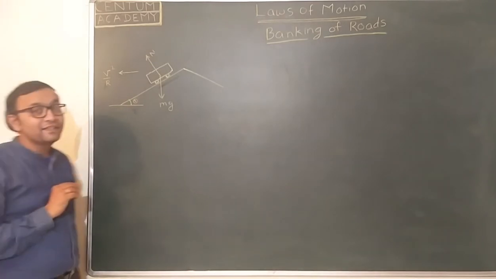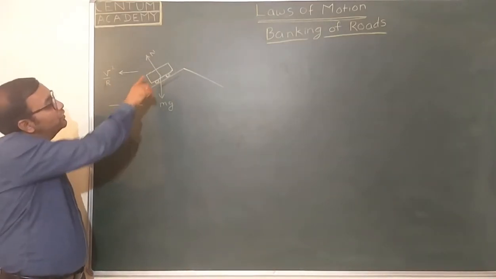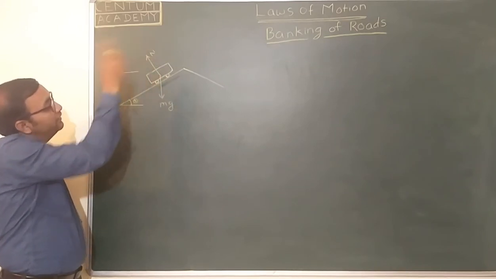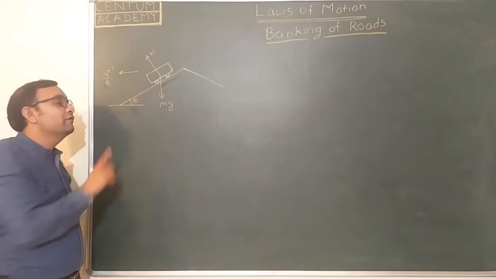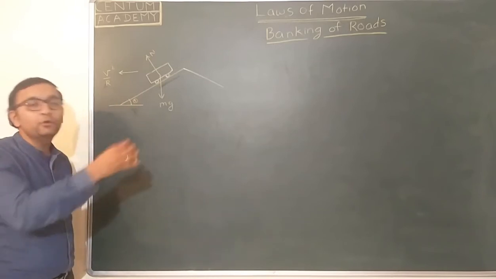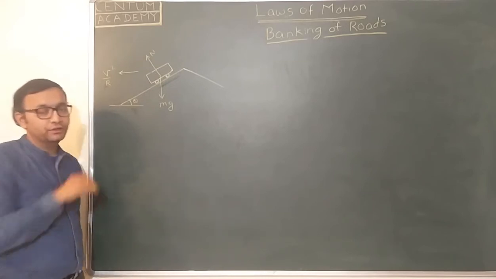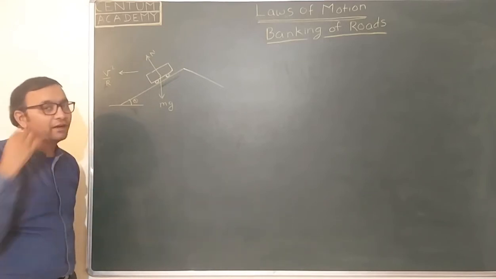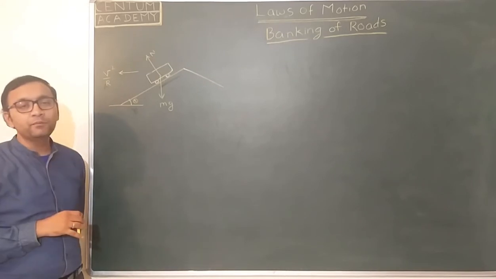Now, can you guess which direction the friction will be? Suppose it takes the maximum possible velocity turn in the radius r. Which direction will the car tend to skid? It will tend to skid outwards. It will tend to increase its radius, right? So friction will oppose that relative tending motion.